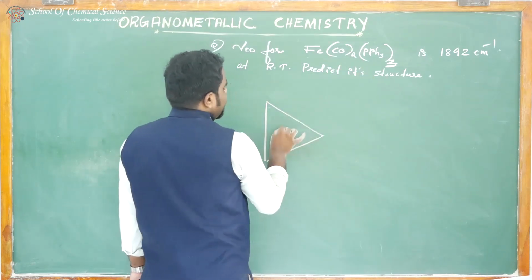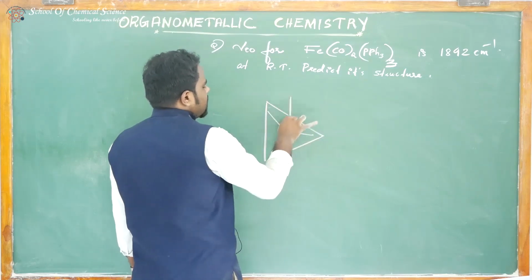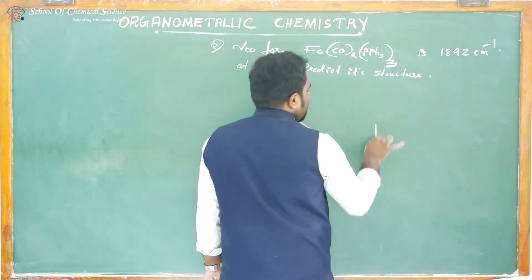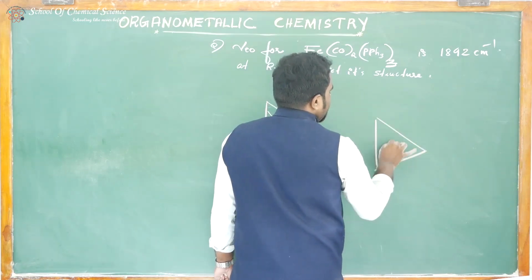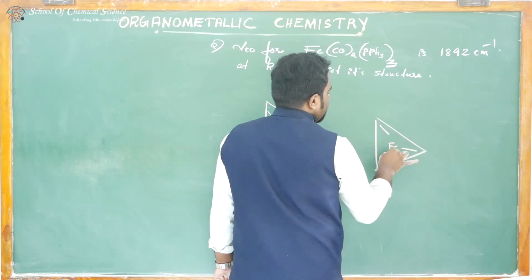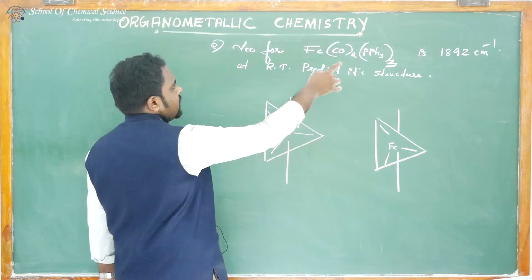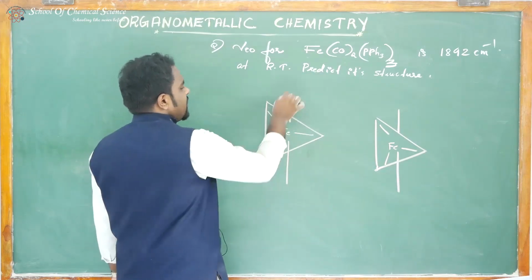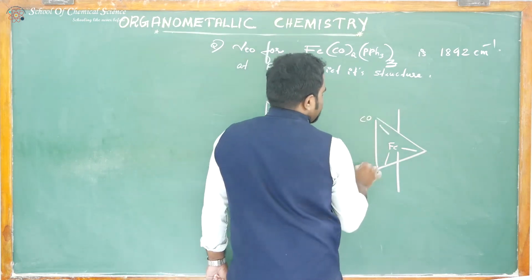MCO twice L3, that is the type. Iron, the 5 corners of TBP. Then CO twice, that may be trans arrangement or cis arrangement.